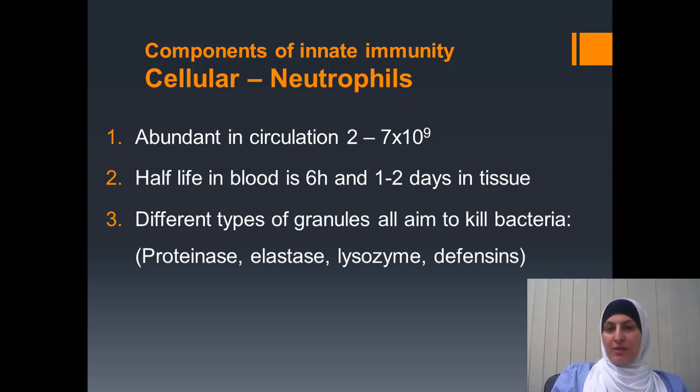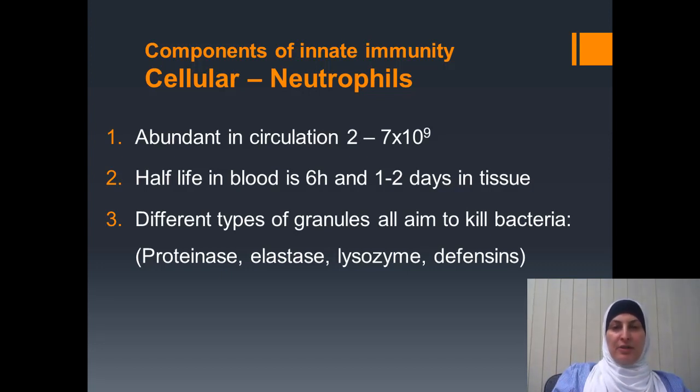So remember the neutrophils, we said it's the most abundant type of cells. Usually it stays, or it goes around in the blood. It is only present in the tissues when there is an inflammation or infection, but it does not reside in the tissues normally, not like macrophages, for example.